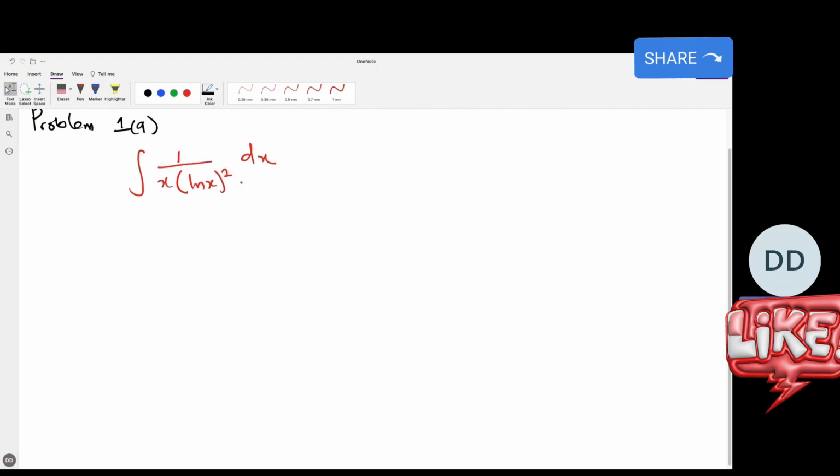The U-sub is to make what looks hard or big become much simpler and smaller. So let's solve this problem.